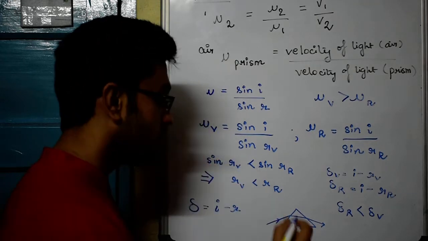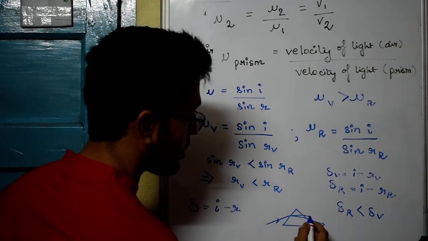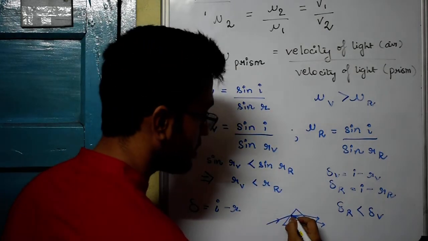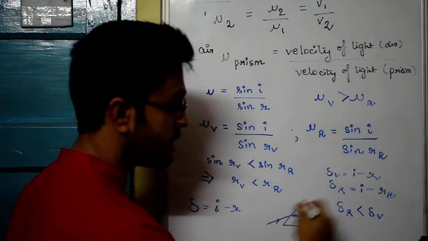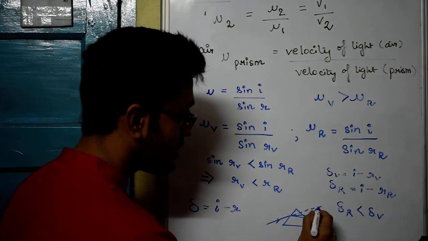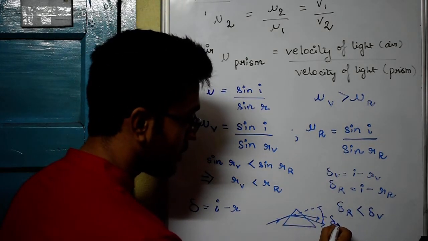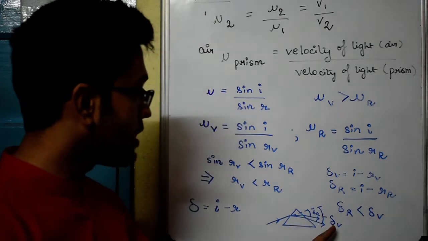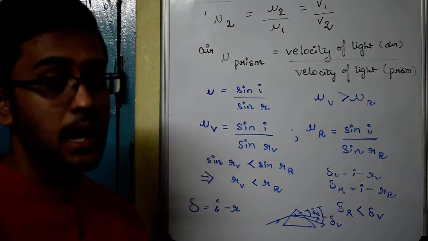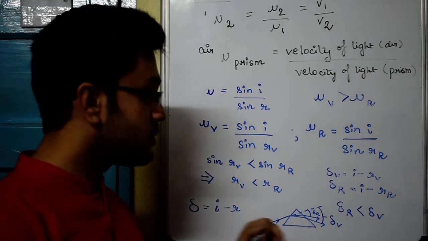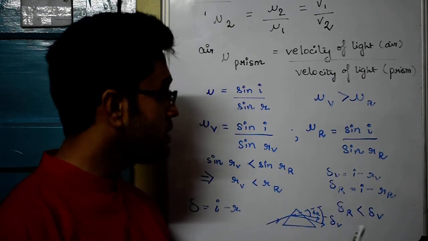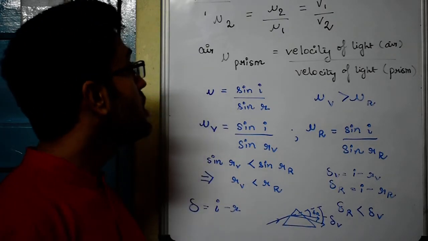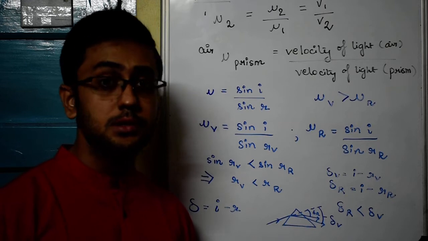Red has a smaller deviation and it travels at the upward part of the prism, because ultimately when you calculate the deviation with respect to the initial direction of the incident light, this is the value delta V and this is the value delta R. So delta V is greater than delta R, and we see that the observations in the experiment actually match with the theory and the mathematics. So this was all about dispersion mathematically.